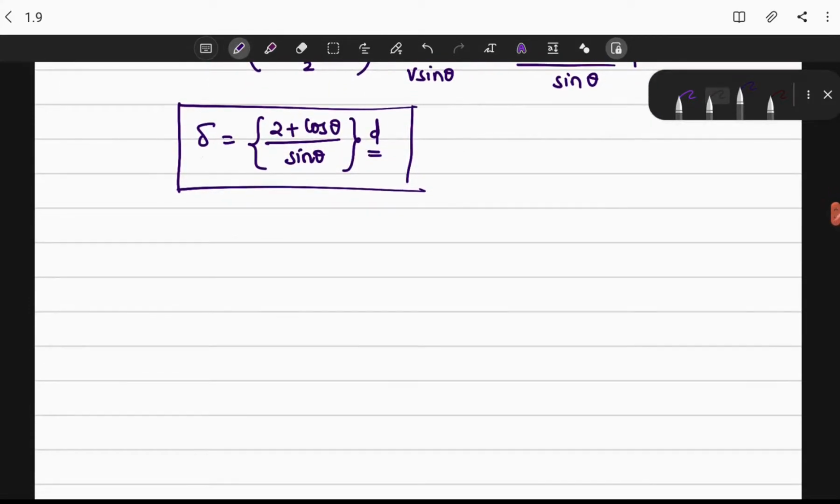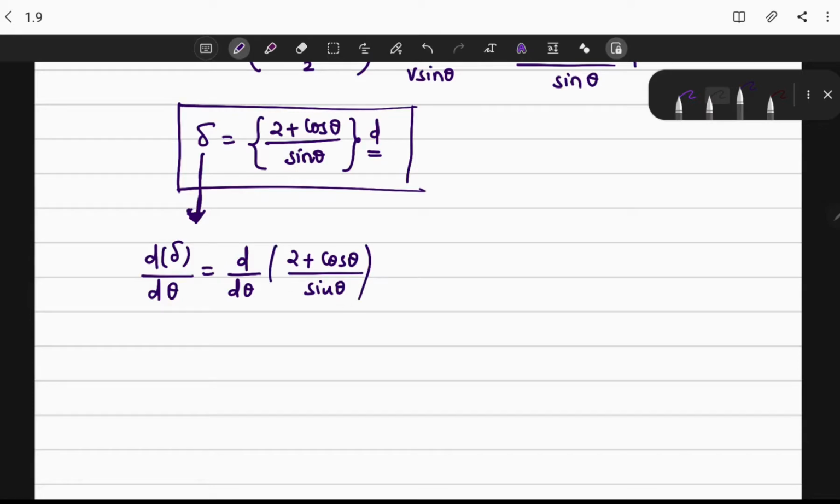Now in order to minimize the drift, we have to differentiate the drift with respect to theta. So we differentiate d of delta divided by d of theta, which is d by d theta of 2 plus cos theta divided by sin theta, whole times d. We know from the quotient rule that d of u upon v is equal to v times d of u minus u times d of v, divided by v square.